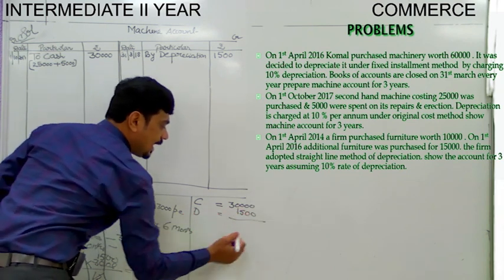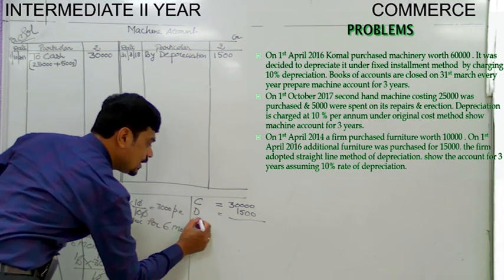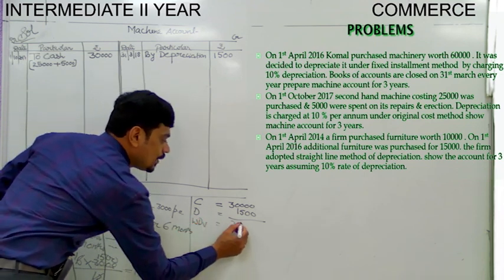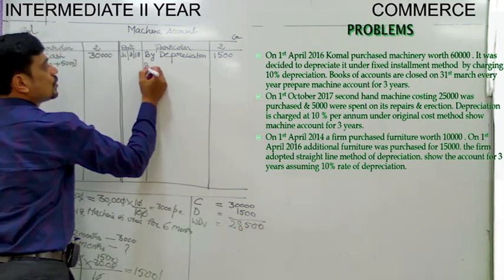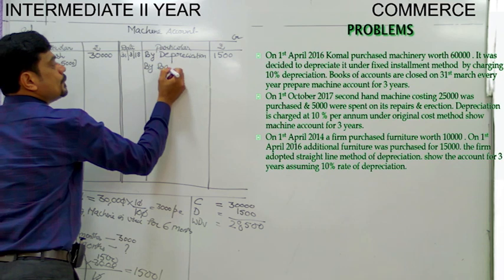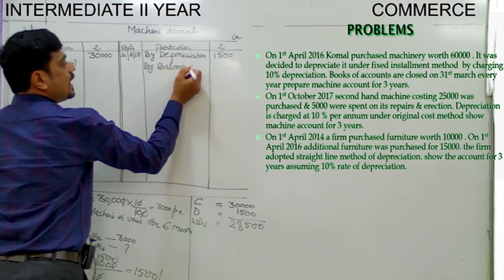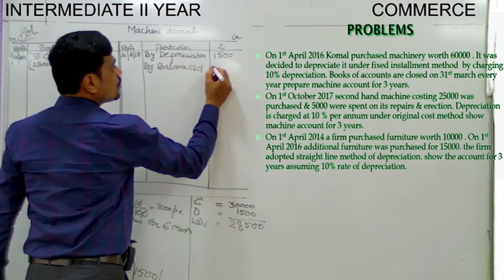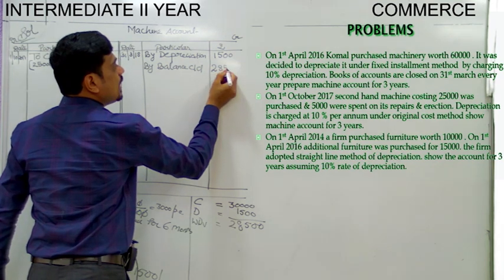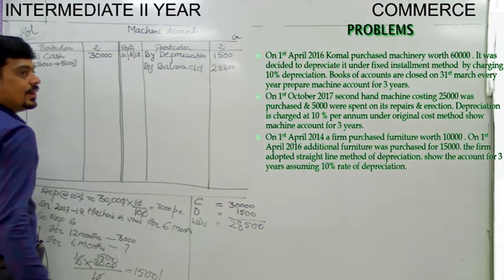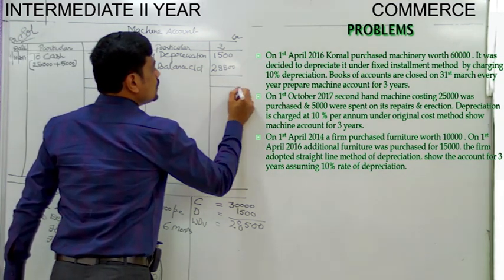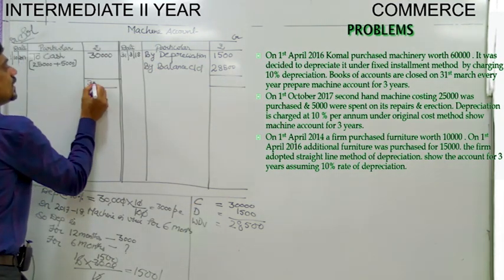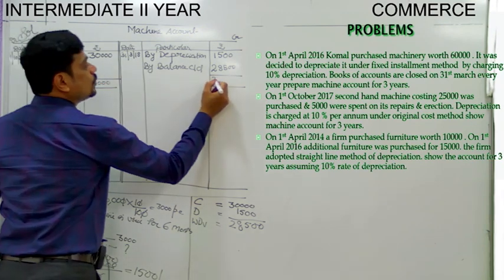If we subtract, we get the written down value, 28,500. So close the account. By balance carried down, how much? 28,500. Close the account. The total will be 30,000 on both sides.